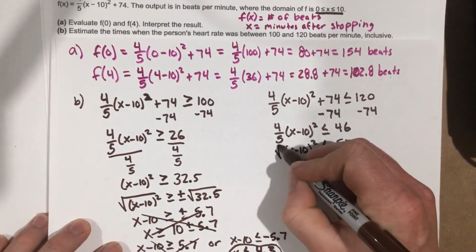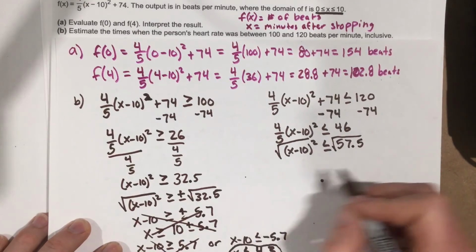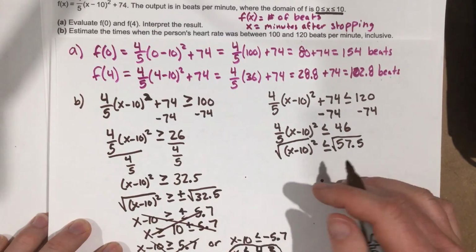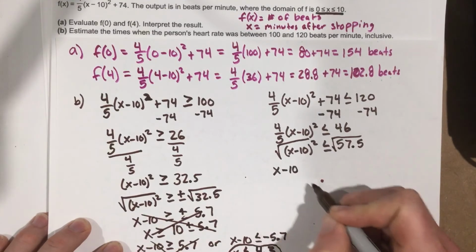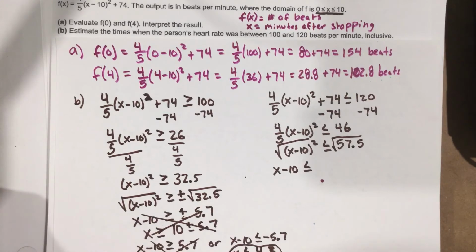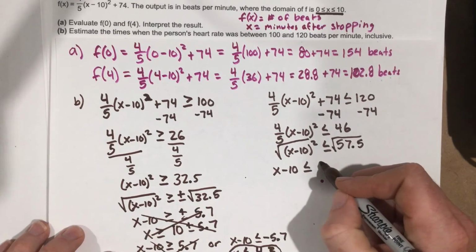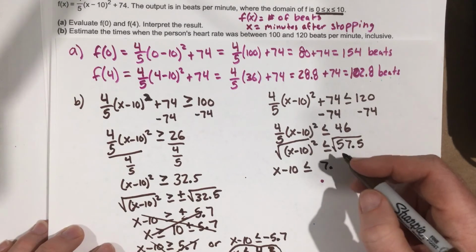Now we're going to square root each side. So I'm going to square root this side and this side. That's going to set up two different equations just like I did right here. So I'm going to have x minus 10 less than or equal to the root of 57.5, which is 7.9.